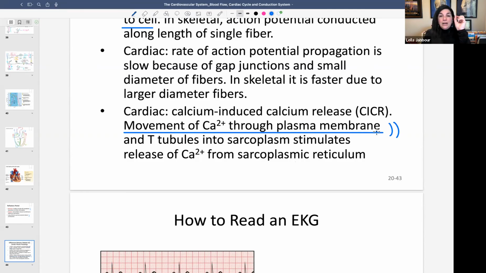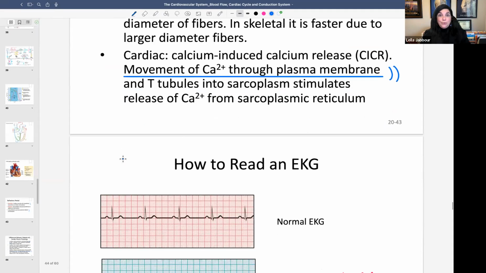We cannot count on just the calcium from the SR. If you put a heart in a bath of an aqueous solution that is void of calcium, it will eventually stop beating. So the calcium from the SR is not enough. The extracellular calcium is super important.